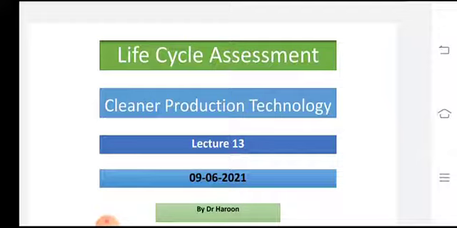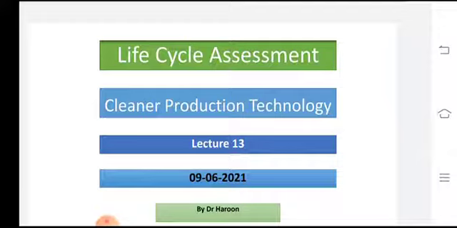regarding its environmental performance. Another important thing about LCA is that it only focuses on the environmental performance. There is nothing else which should be included in this life cycle assessment. What else could be included? For example, economy and social impacts. All these things are not included in our LCA.